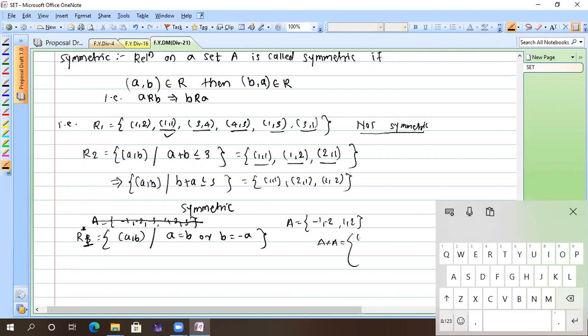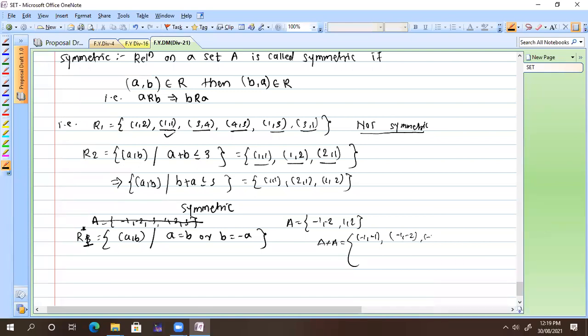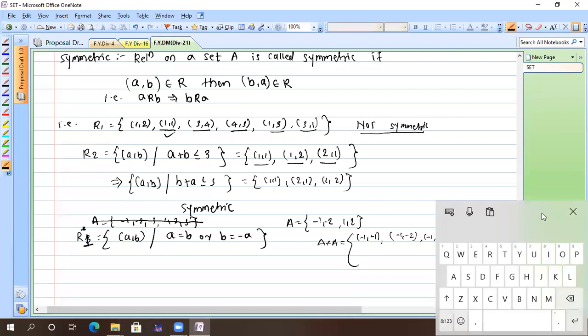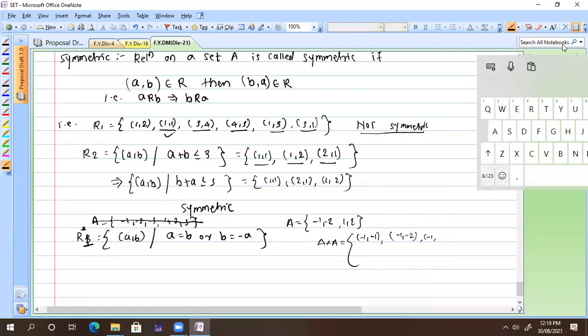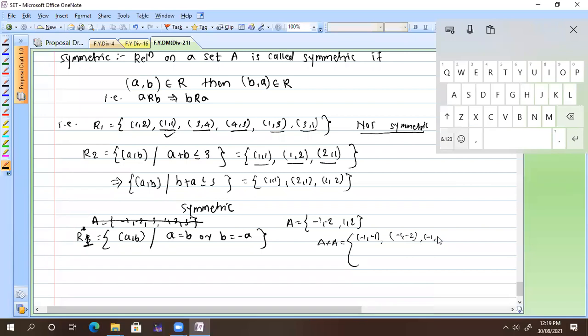First comes (-1, -1), then (-1, -2), then (-1, 1), am I correct? And then (-1, 2). Then we have (-2, -1), then (-2, -2). Am I correct?